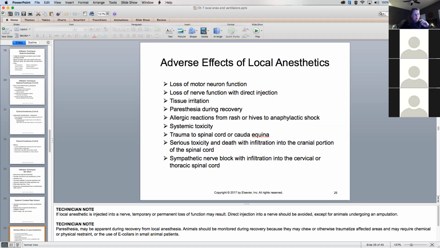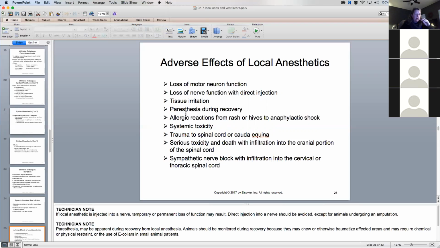Anytime you put these drugs in there, if you accidentally go in a nerve, you can lose function of that nerve, and that's rare, but it can affect that nerve function later. You can get tissue irritation, and paresthesia is kind of a feeling of oversensitivity of that area. So sometimes it has an effect that we don't necessarily want.